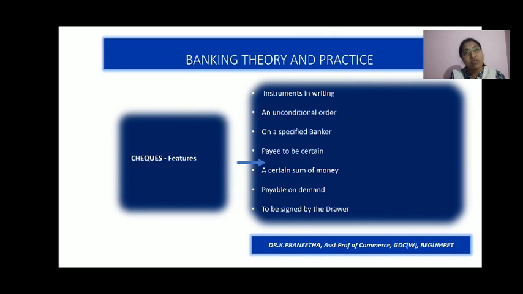A check must be signed by the drawer or any person duly authorized by him. In case of an illiterate person, his left hand thumb impression is to be affixed on the check in lieu of his signature. The banker should exercise great care and caution in paying checks bearing such impressions or marks.